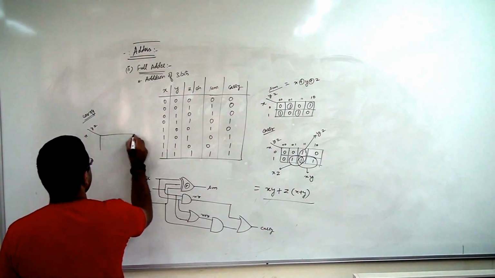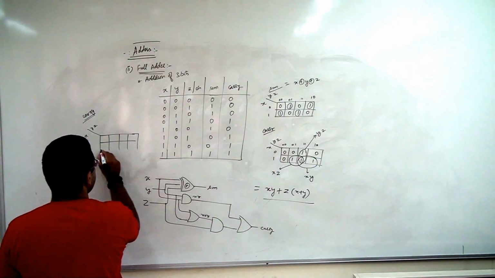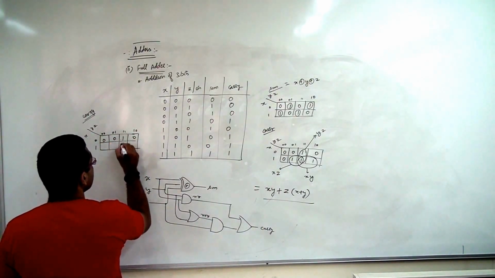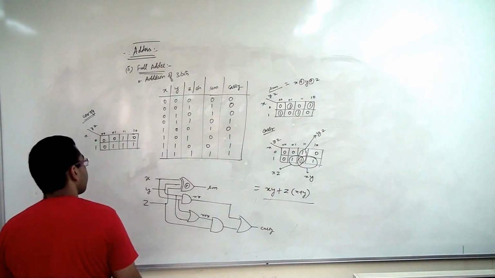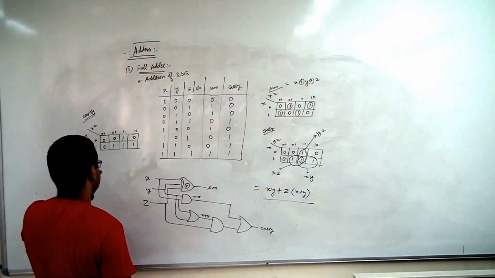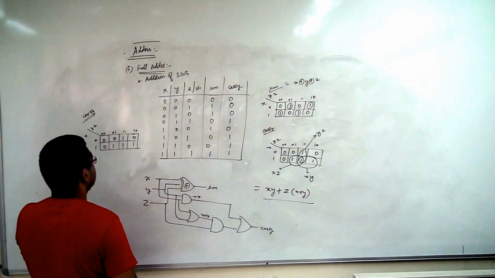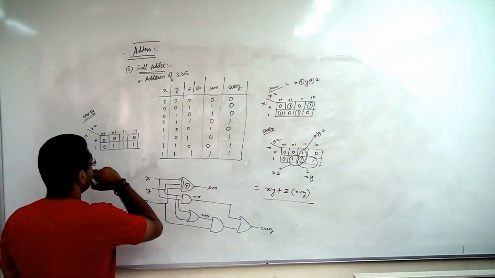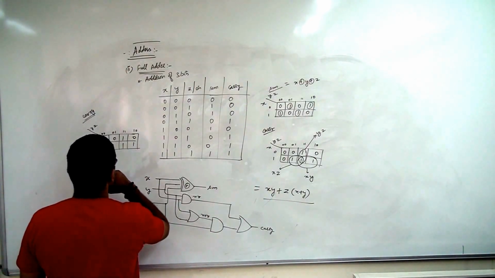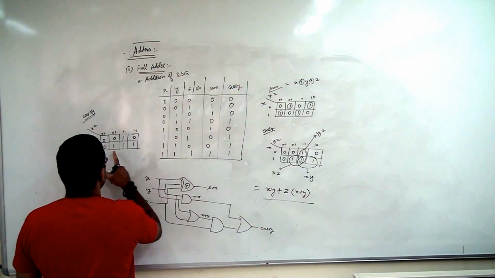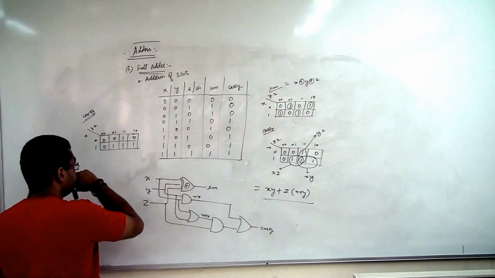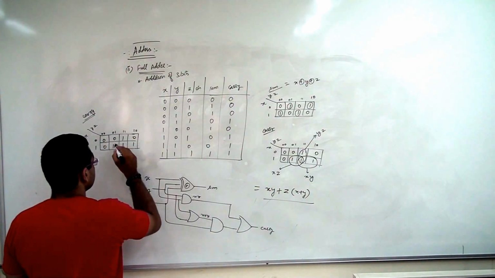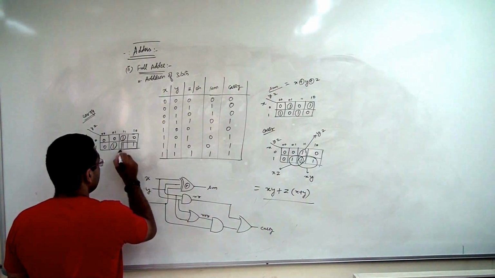X, Y, Z. So what do I do? I'll form a pair of these 2 and then I put in a pair over here.